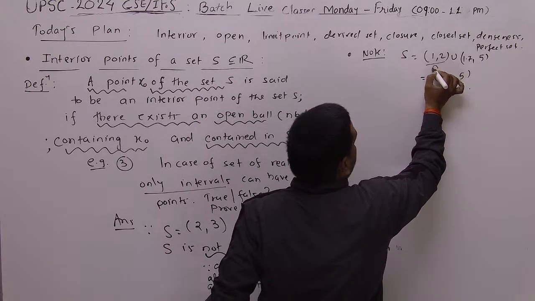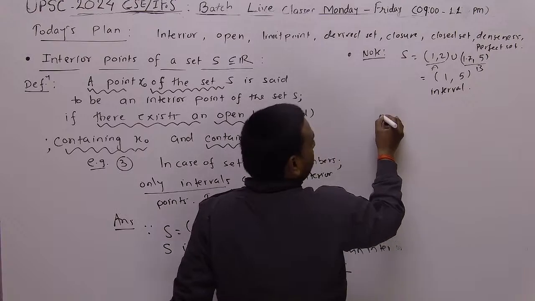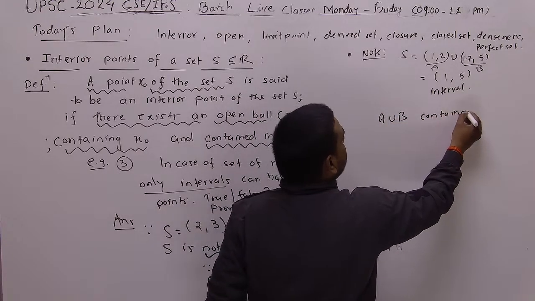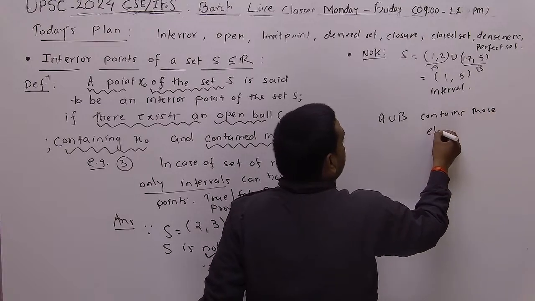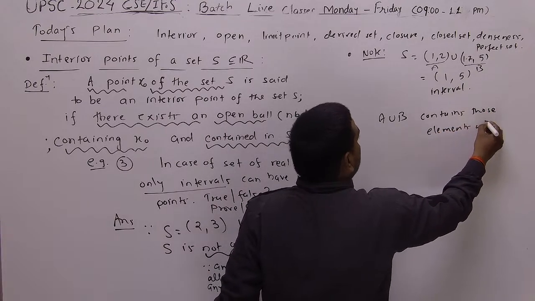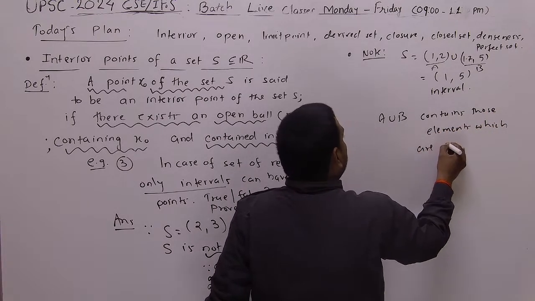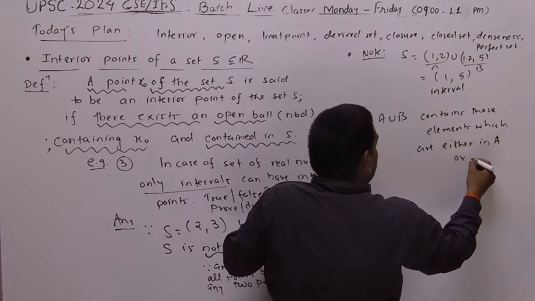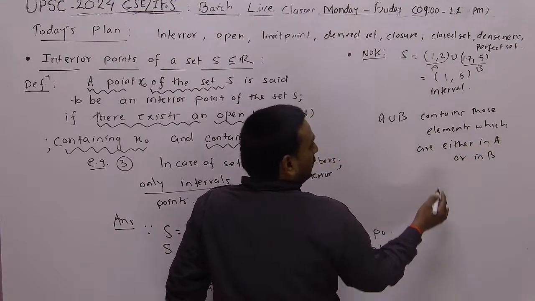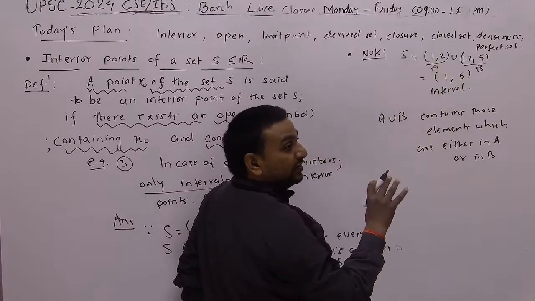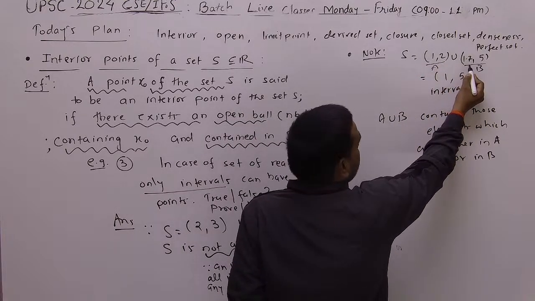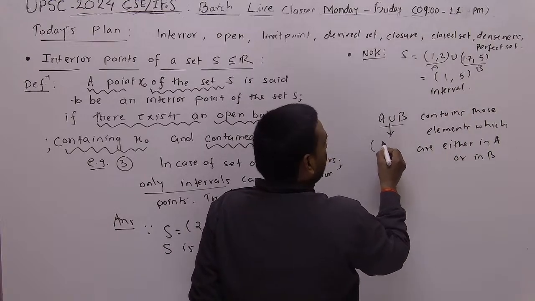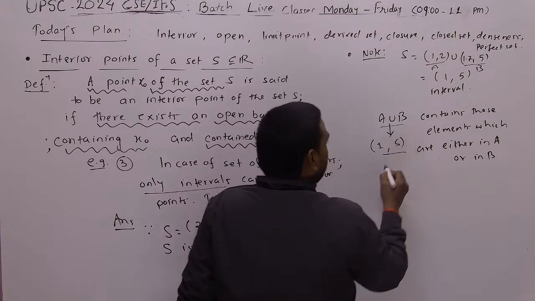This is set A, this is set B. So when you talk about A union B, it contains those elements which are either in A or in B. So here A is the collection of 1 to 2. Here this is the collection of 1.7 to 5. So A union B will be the collection of 1 to 5.